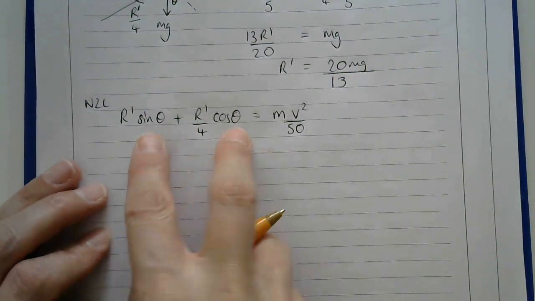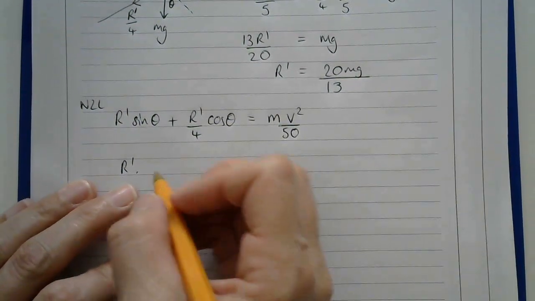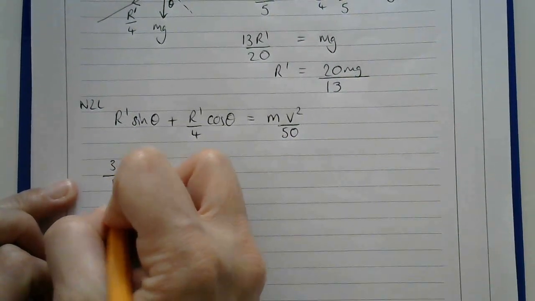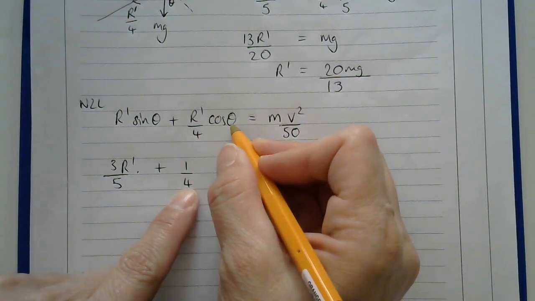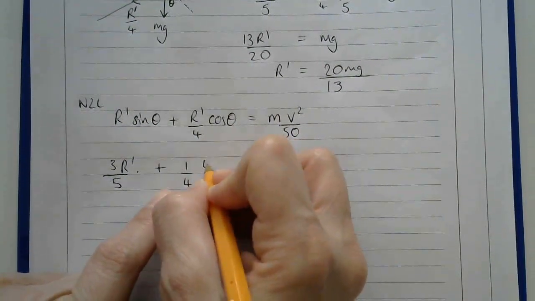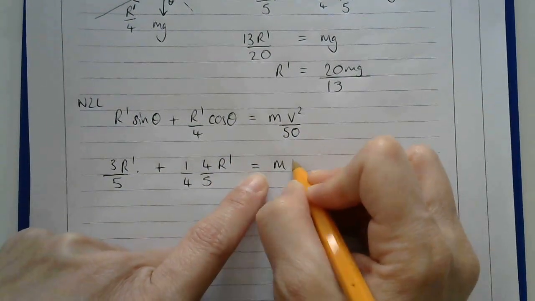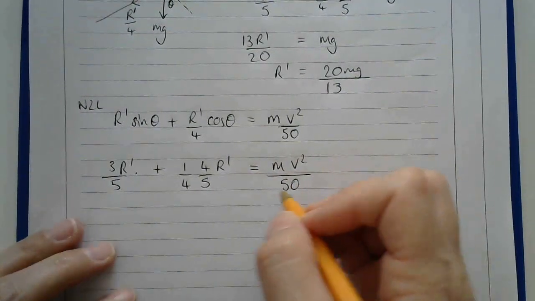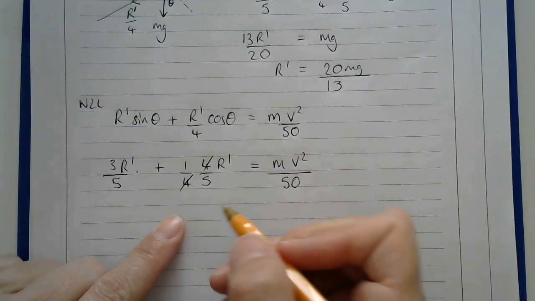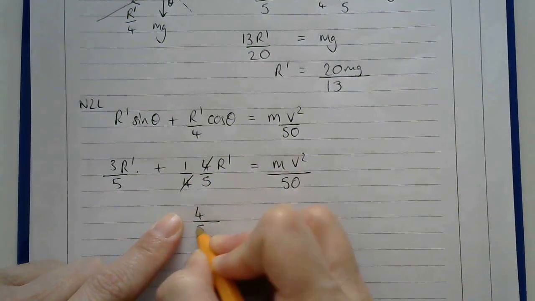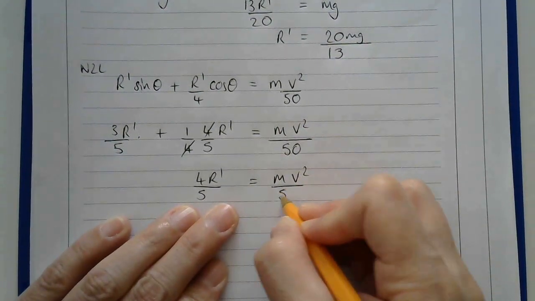Here I end up with R dash times sine theta, which is 3/5, plus 1/4 of R dash times cos theta, which was 4/5, is the mass times v squared over 50. And so here I get 3/5 of R dash plus 1/5 of R dash is 4/5 of R dash. That makes mv squared over 50.